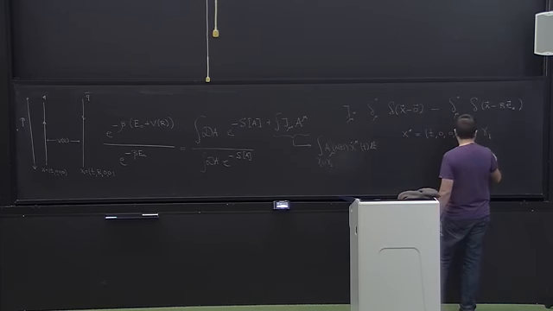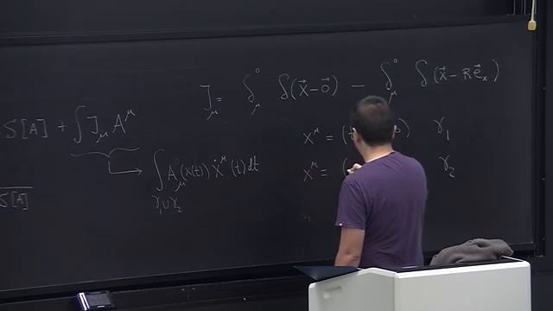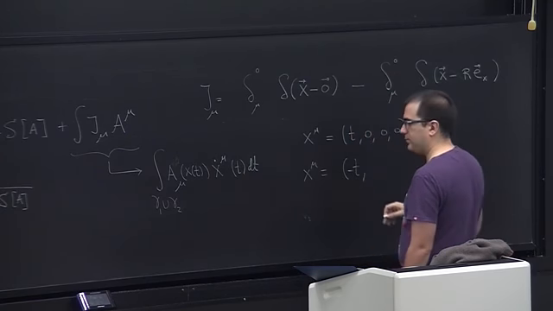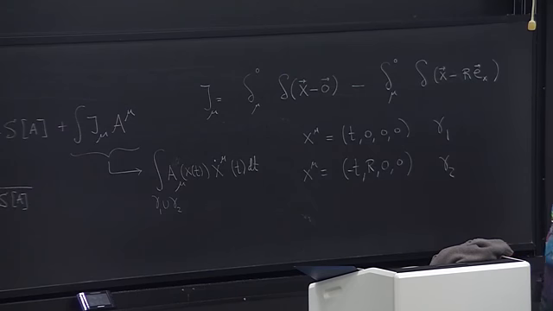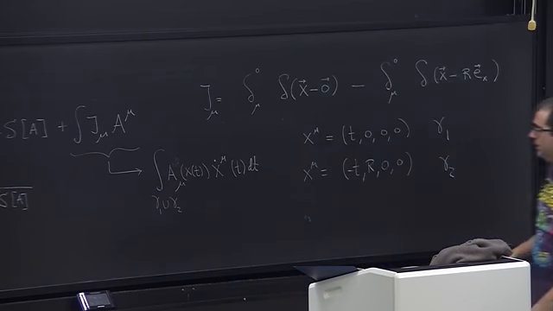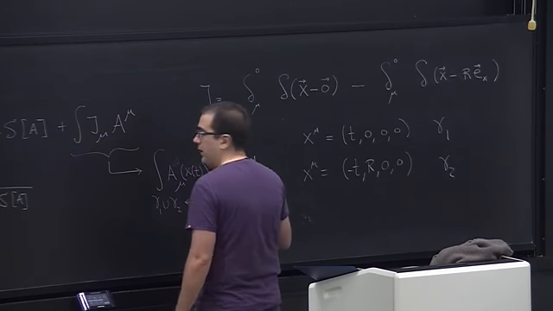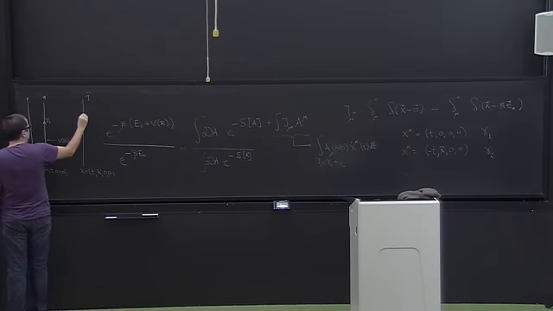This would be gamma 1. And gamma 2 would be x mu equal to (t, R, 0, 0), one parameterization of going minus t. If you take the derivative, it's just this Kronecker delta. In other words, the way I would picture this is that picture there. This is gamma 1, and this is gamma 2.